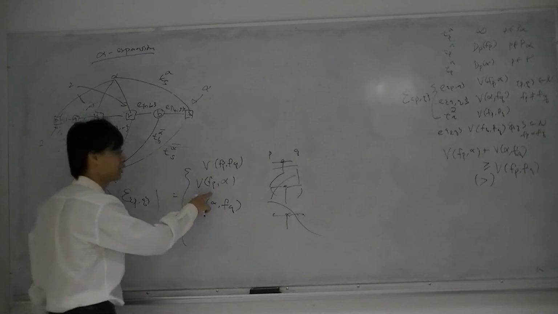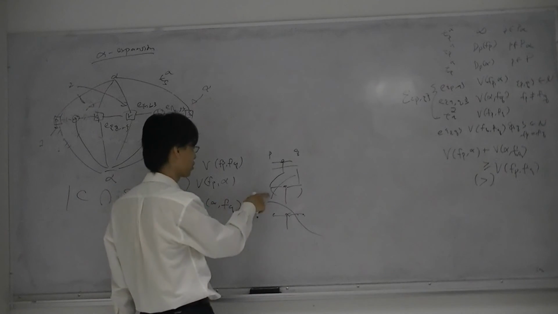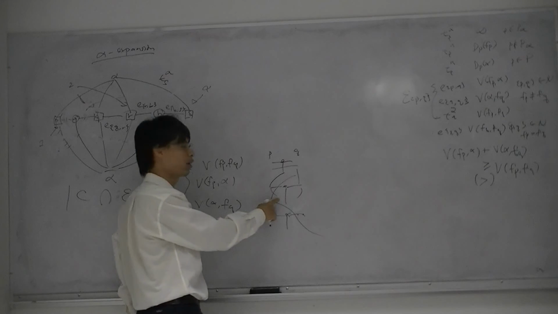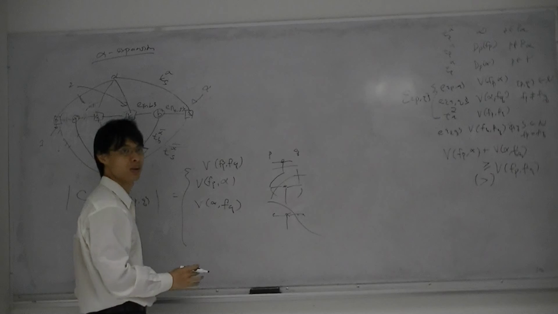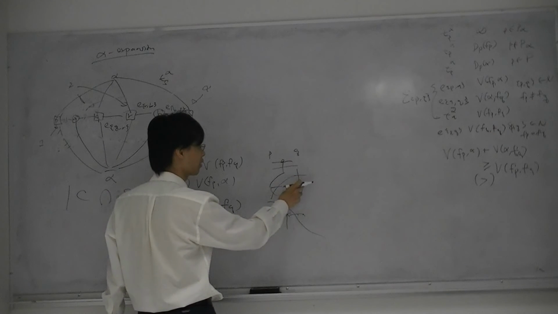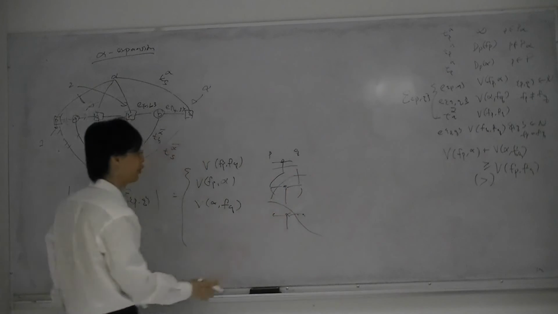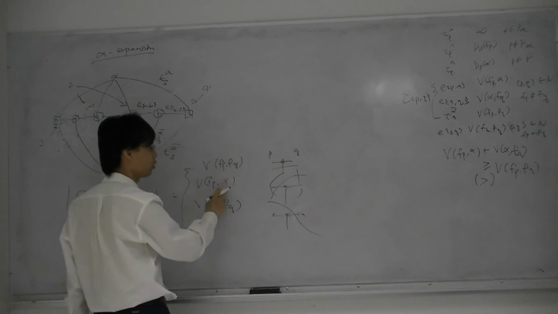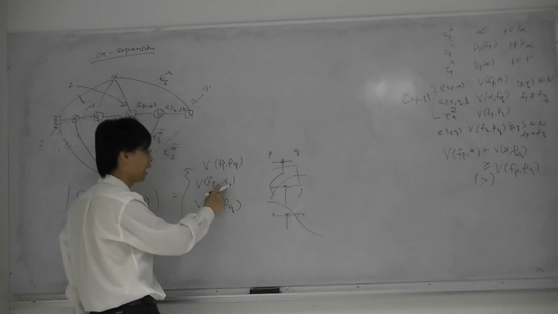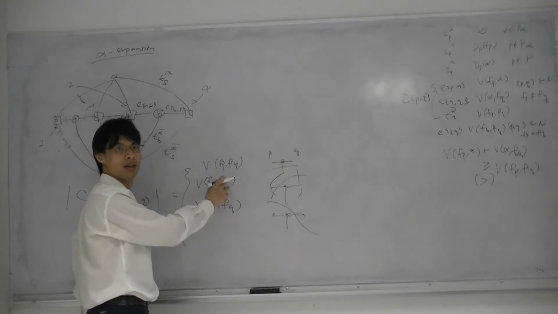So for this case, of course it will cut through this FP here, but it also implies it will cut through this here, right? So it cuts through this here, it means that for this pixel Q here, it will map to alpha, right? So therefore, Q will be equal to F alpha, alpha will be equal to FQ.